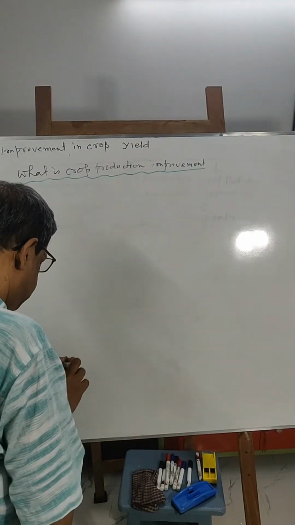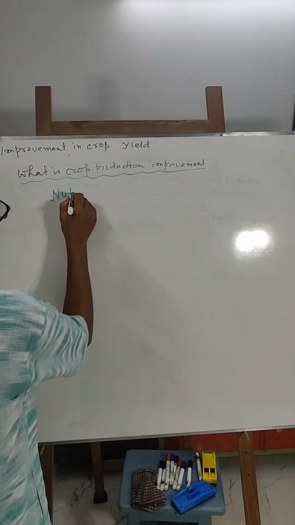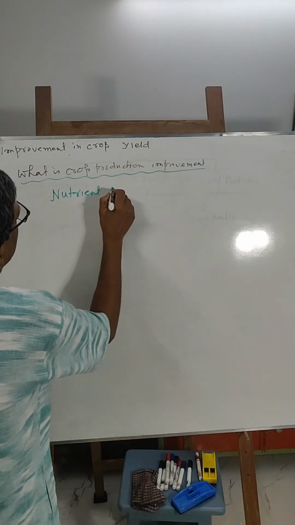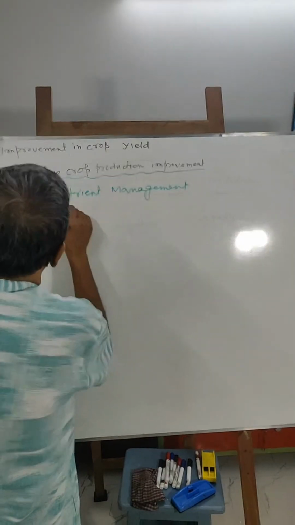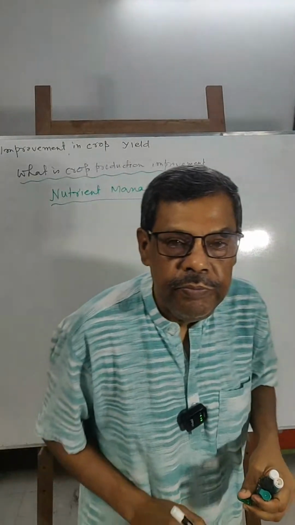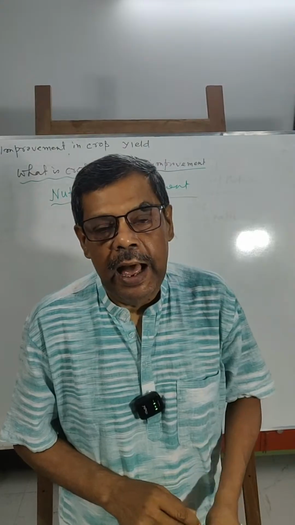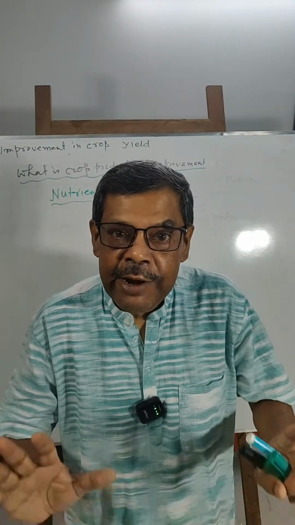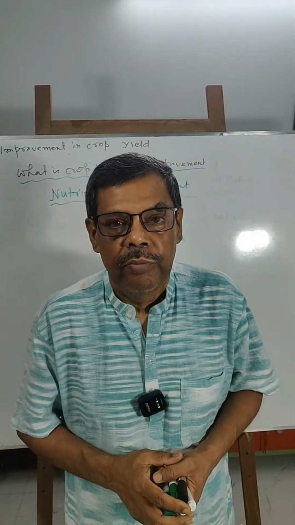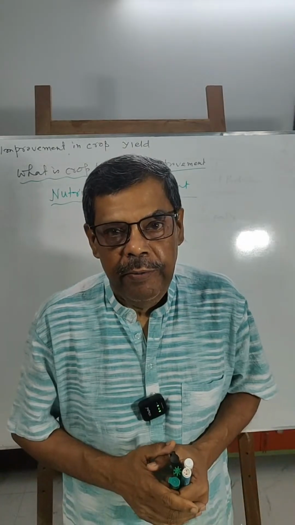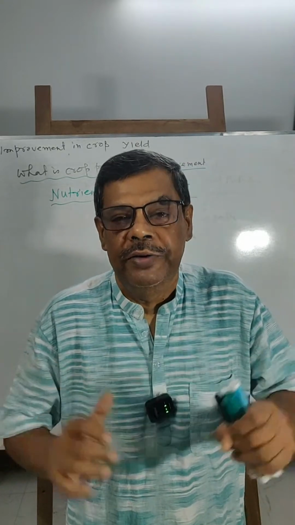Nutrient management. What is nutrient management? Nutrient management is controlling the detection of nutrients in the soil, their uses, timing, and extra addition of nutrients for the good growth of plants.